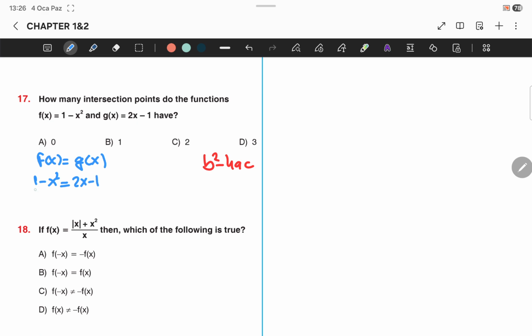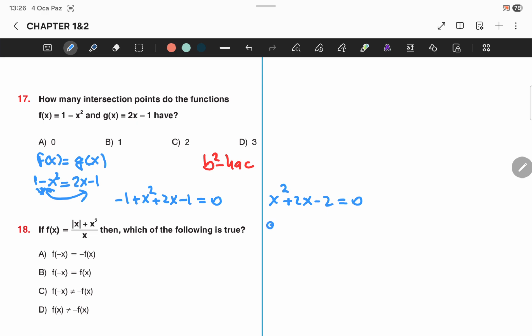Let me move all of them to the left side. What will be negative 1 plus x squared plus 2x minus 1 equal to 0. Can I organize and say that x squared plus 2x minus 2 equal to 0?